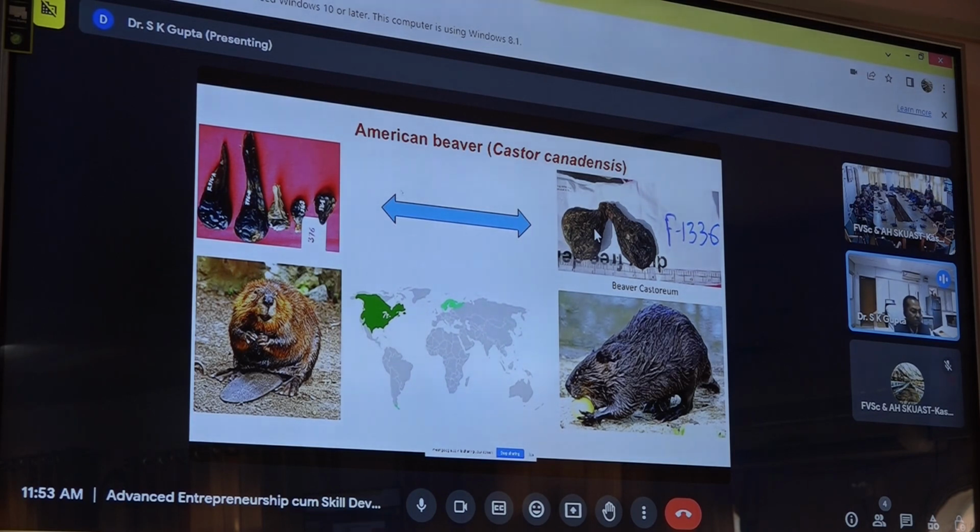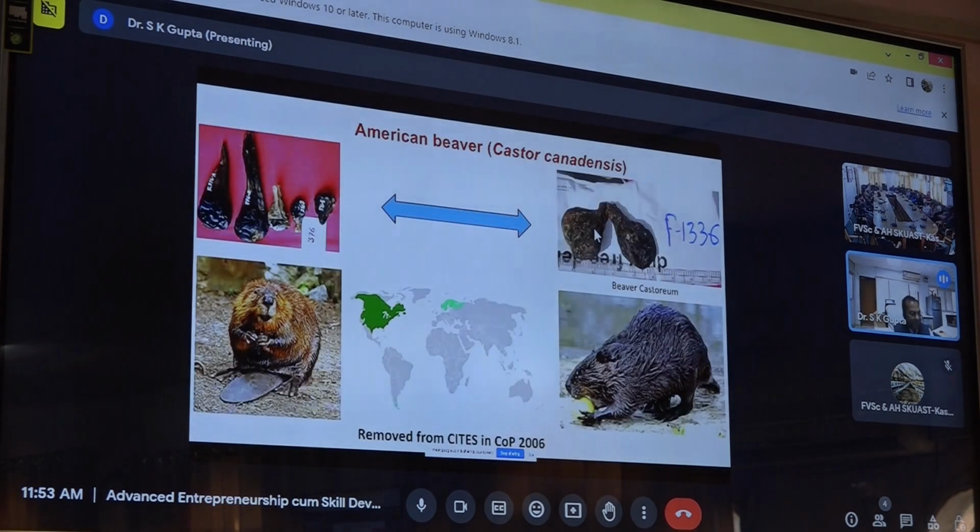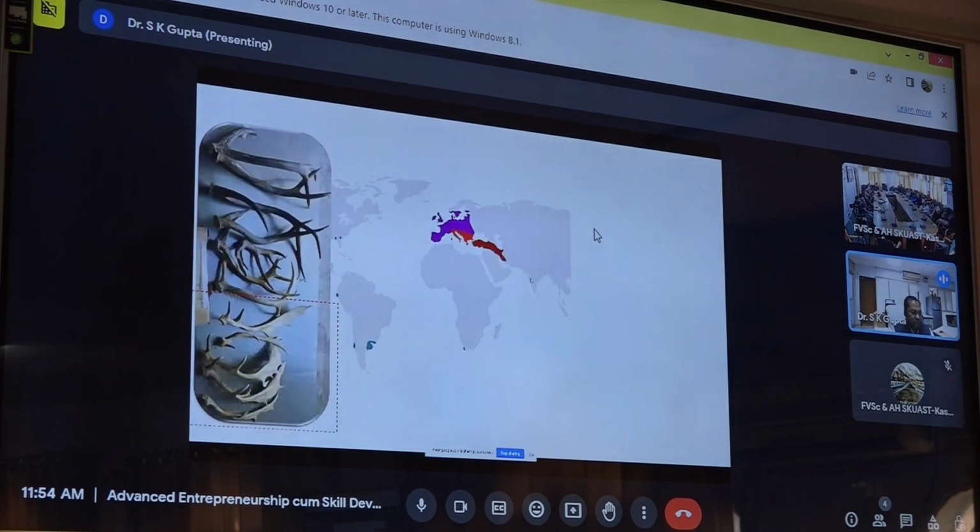And castoreum is used for making artificial flavoring agent of vanilla as well as strawberry. So in 2006 it was removed in titles, so that is not a big deal, but we are able to identify even any of the unidentified objects using DNA test.